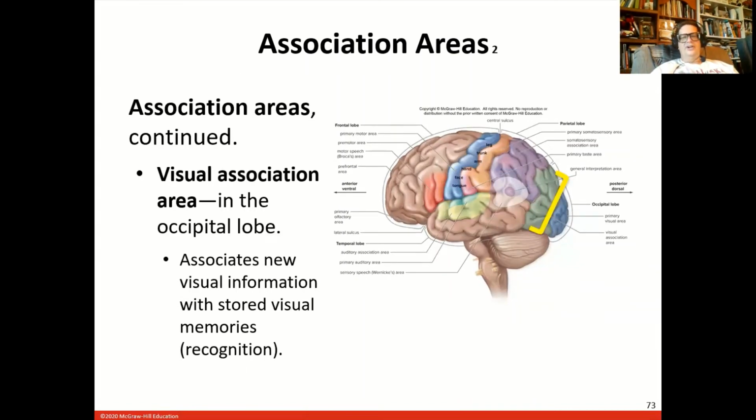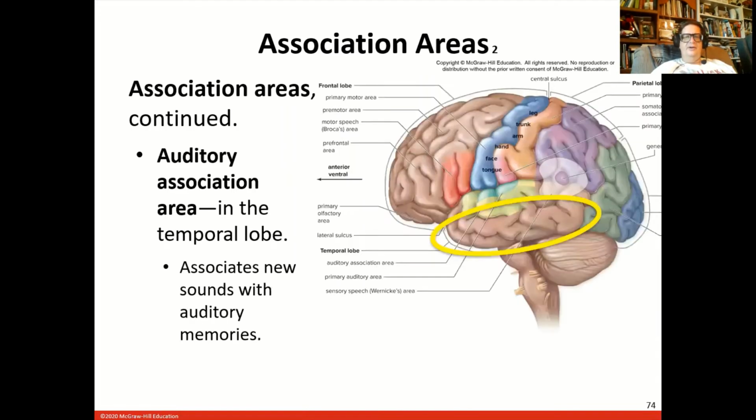Other association areas, the visual. Remember we said visual is occipital. It's not the very back of the occipital. The association area is just in front of that. So recognition of people's faces, things like that, is done there. All right, now auditory association, that's on the side right next to the ears, which again makes sense.